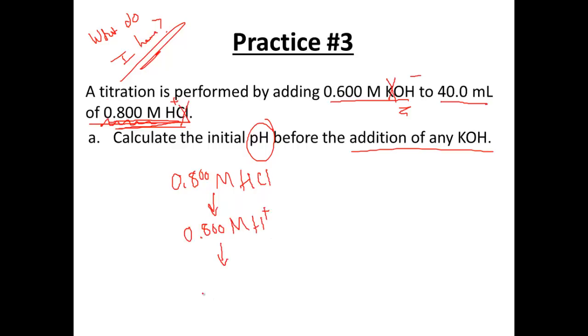And from that, we can find the negative log and find pH. And the pH, when you take the negative log of 0.800, is 0.097. So that's the pH for our starting amount here.